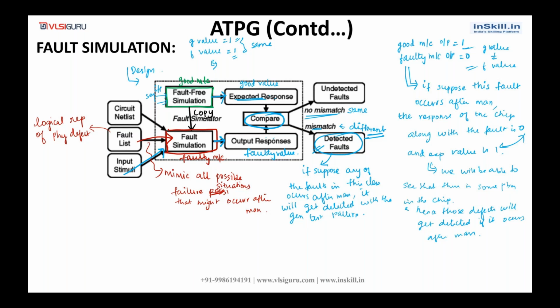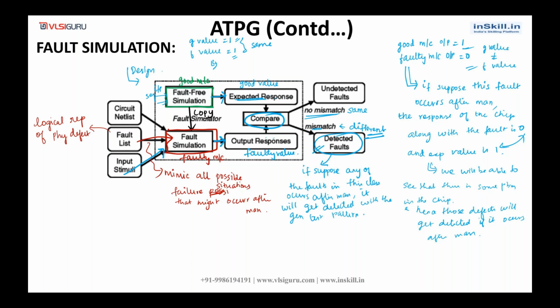If the output of the chip along with the defect is the same as the expected response, then we will not be able to see that there is some problem in the chip. So those defects will not get detected if they occur after manufacturing.